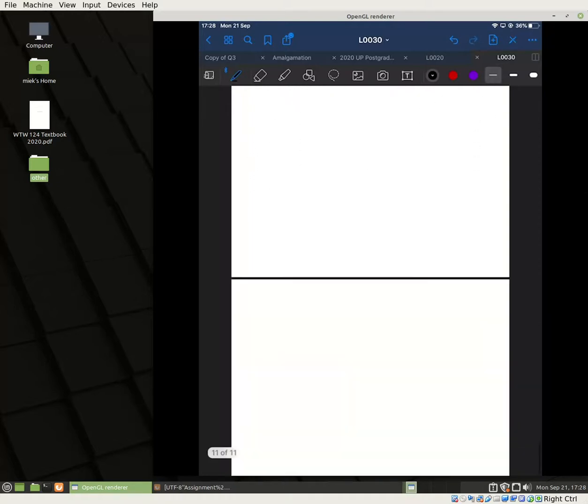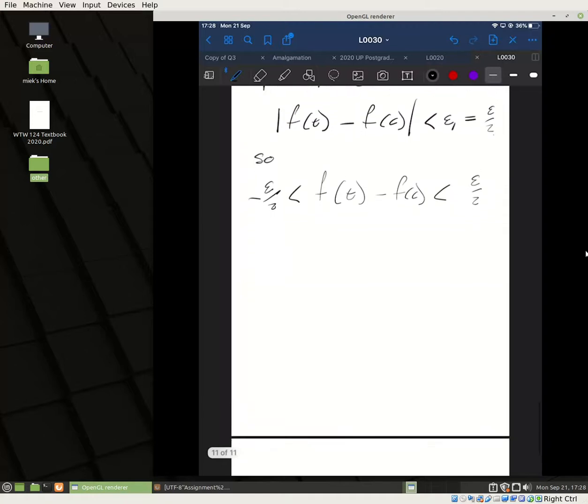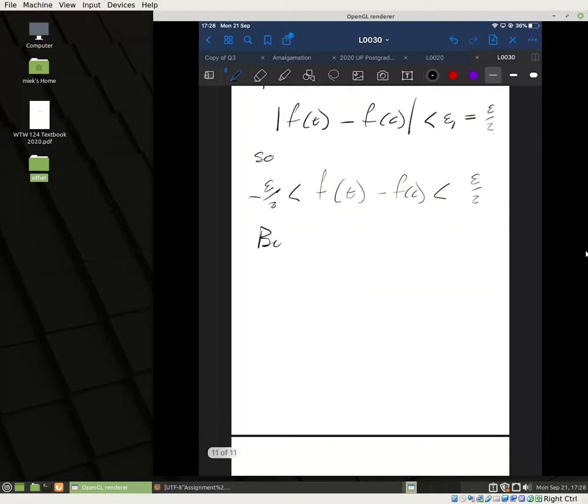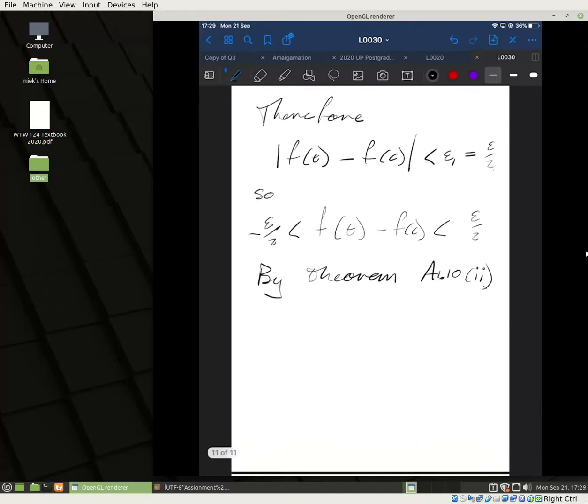And now, by theorem A.1.10 number 2. So what does that theorem say? That theorem says that the integral is monotone. So I'm just going to put that in brackets.